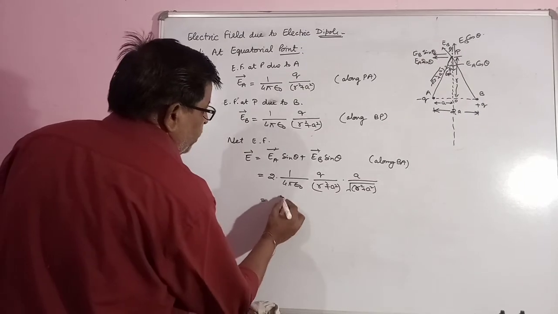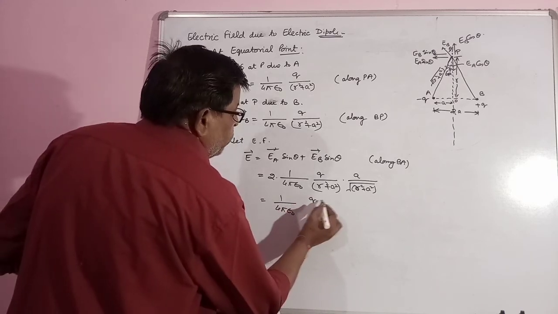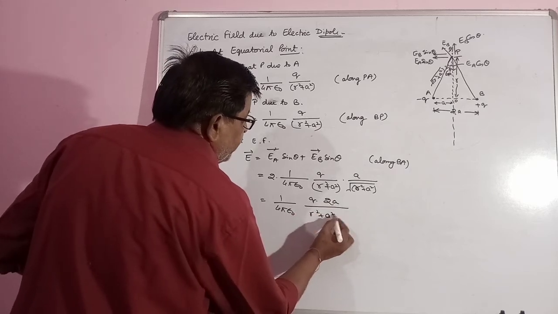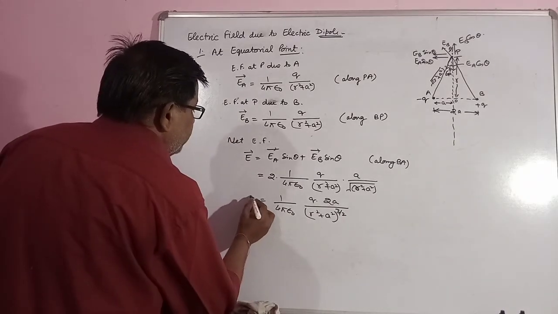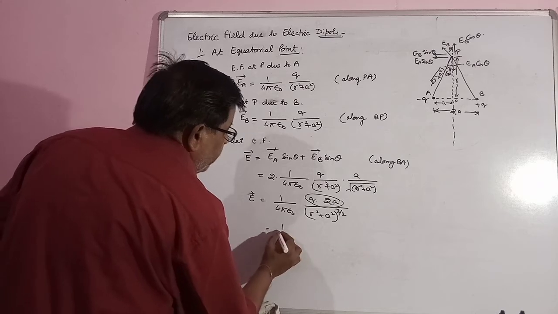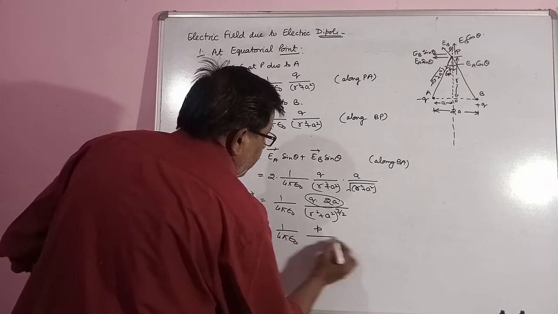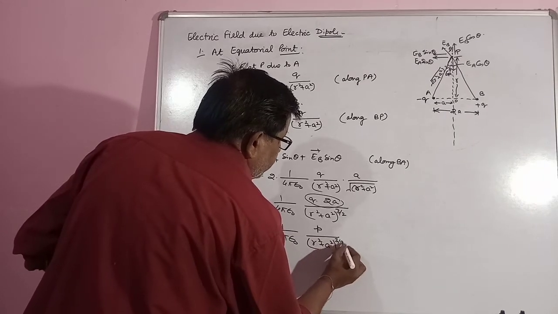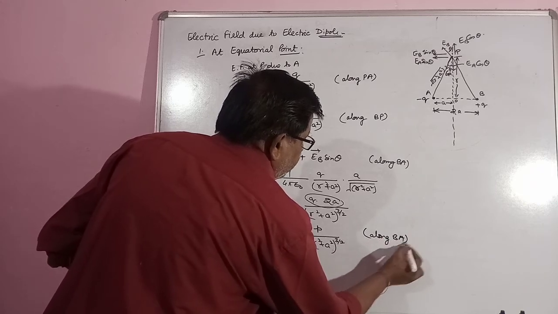So this will be 1 over 4 pi epsilon naught Q into 2A upon R square plus A square to the power 3 by 2. This is the net electric field, and this quantity Q into 2A is again P. So P upon R square plus A square to the power 3 by 2 along BA.